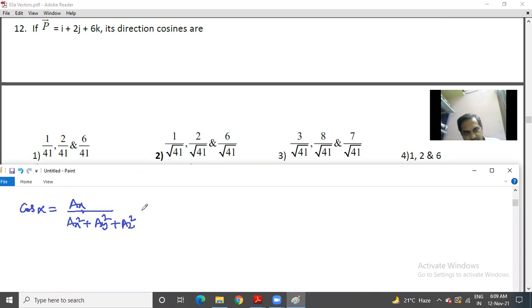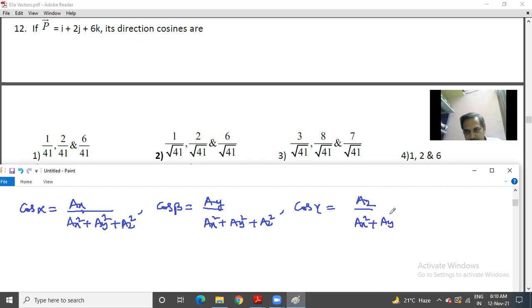Cos beta is equal to ay by root of ax square, ay square, az square. Cos gamma is az by root of ax square, ay square, az square.